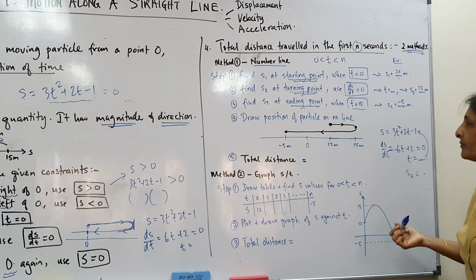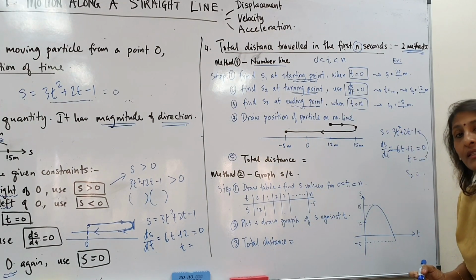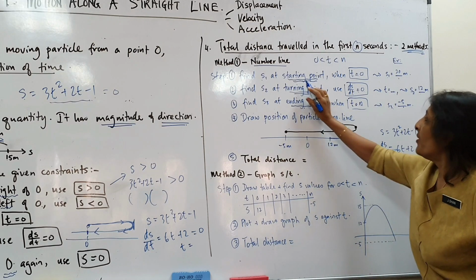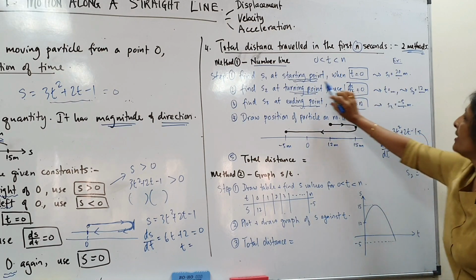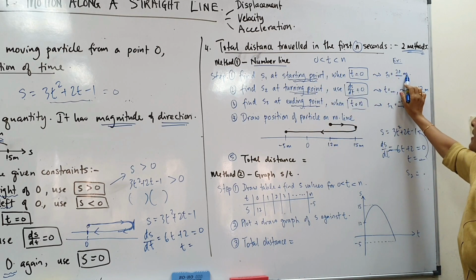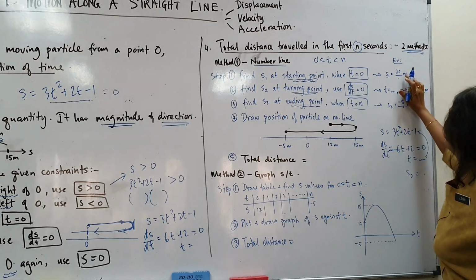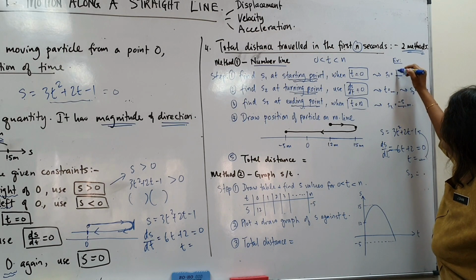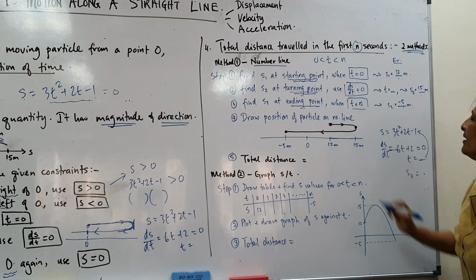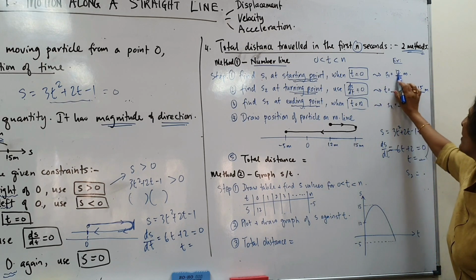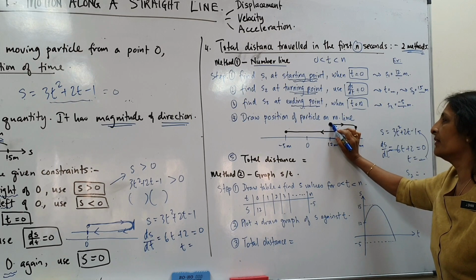Now let's say I got all these answers. Step 4 is to draw the position of the particle at the starting point, turning point and ending point. Let's say at the starting point, s is 12 meters, so at 12 meters I draw the particle.